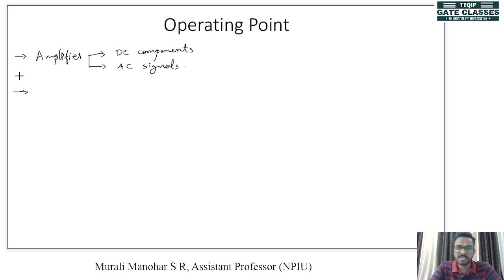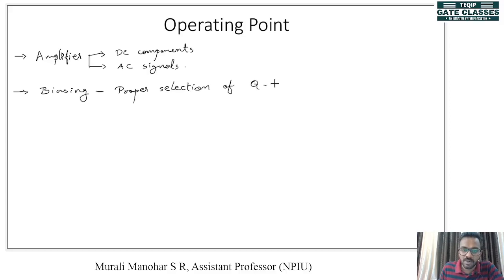So this proper selection of DC voltages and currents, or the proper selection of operating point, is called biasing. It is the proper selection of operating point, which is also called Q point or quiescent point. So this process is called biasing, that we will discuss in the next lecture, but we will see why this biasing is a necessity, why this selection of operating point is a necessity.